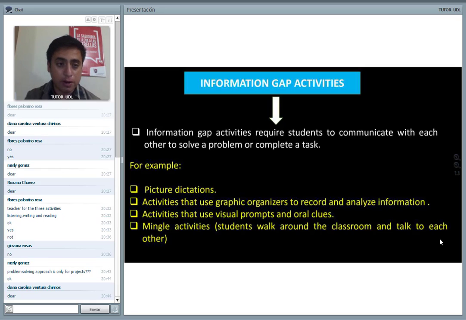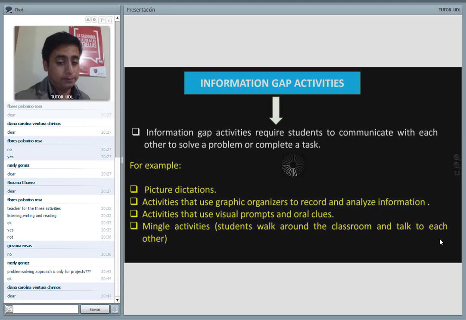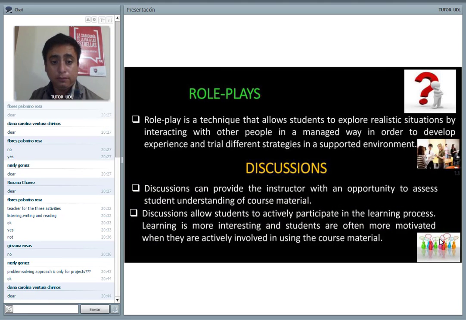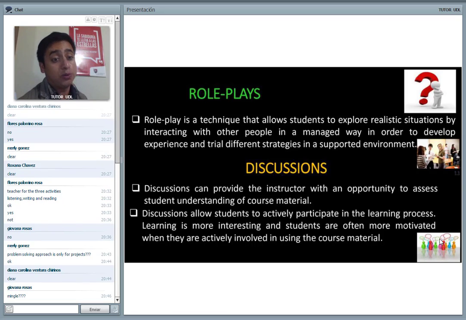Remember, please, that's a very important expression that you have to keep in mind. Mingle Activity means when students walk around the classroom and talk to each other. Yes? Okay.